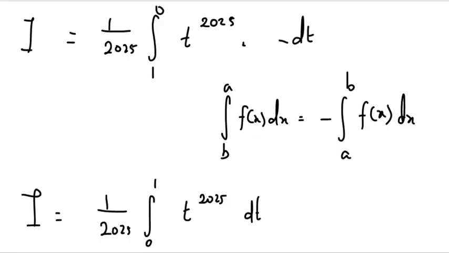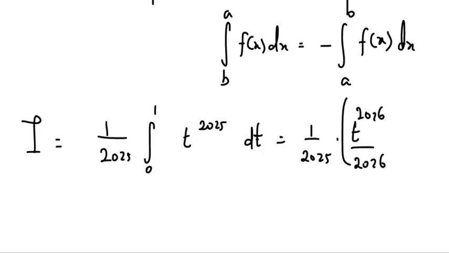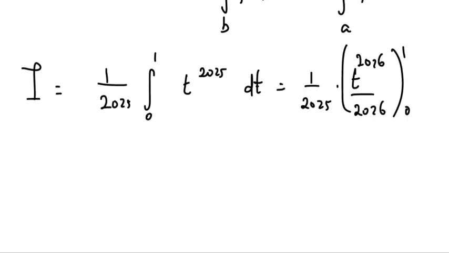From here it is easy enough. This is equal to 1 divided by 2025 multiplied by t raised to the power of 2025 plus 1, giving us 2026, divided by the new exponent 2026, with limits running from 0 to 1. Now we substitute the upper limit first.